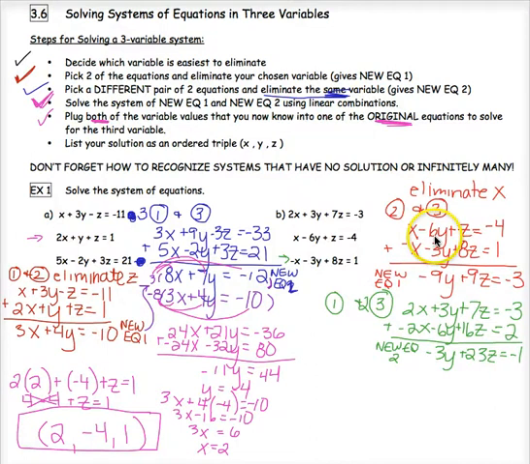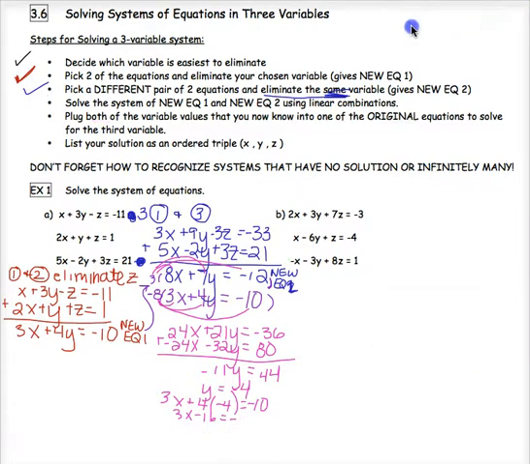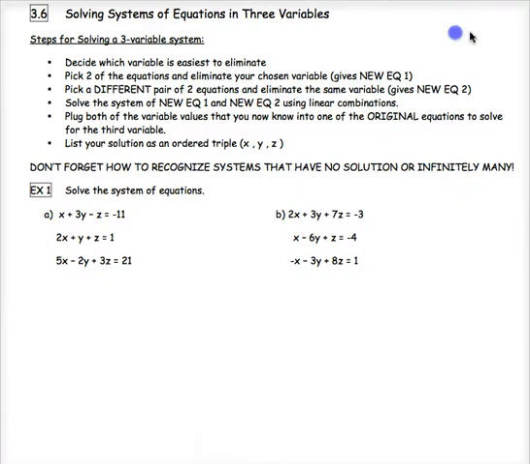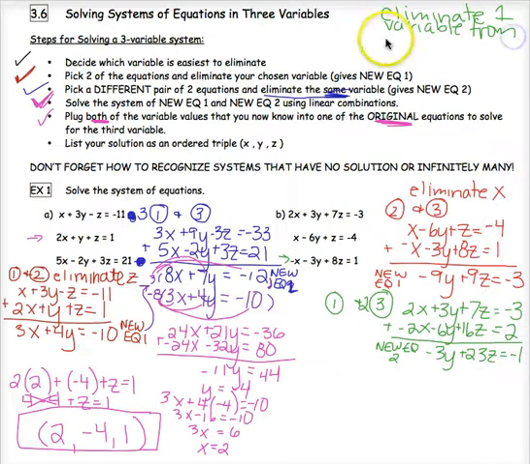The big picture is, first you need to eliminate one variable from 2 pairs of equations. That is going to get it down to a 2x2 to solve.